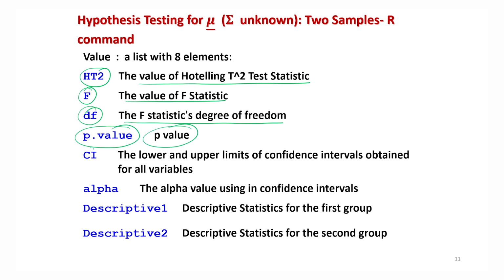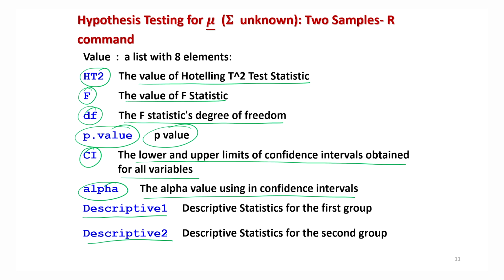Then there will be CI, which is the confidence interval, so the lower and upper limits for all the variables. Then the value of alpha, that is the level of significance or the confidence coefficient, will be given. And then we will have descriptive 1 and descriptive 2 components, which give you the descriptive statistics for the observations from the first and second group. So if you see, this is similar to the outcome we had in the case of the one sample Hotelling T-square statistic.